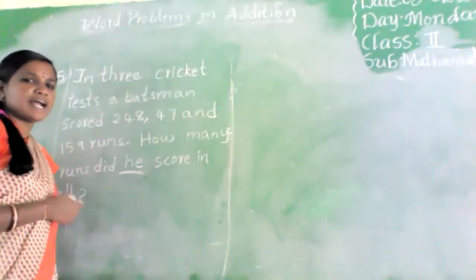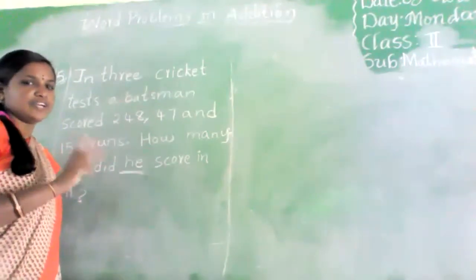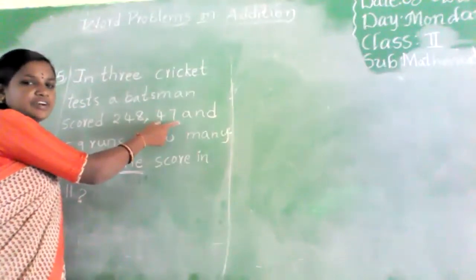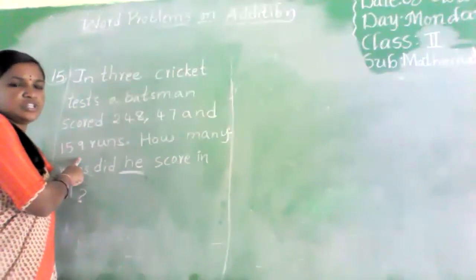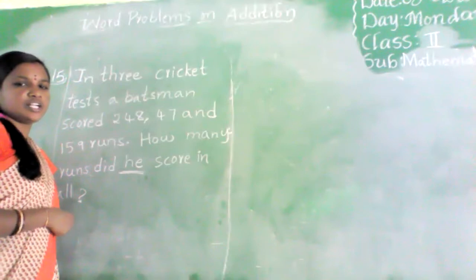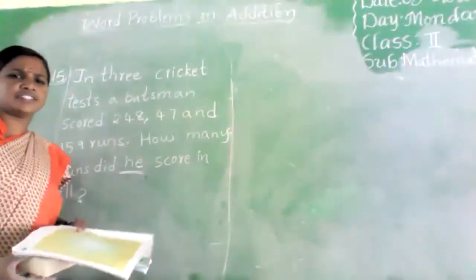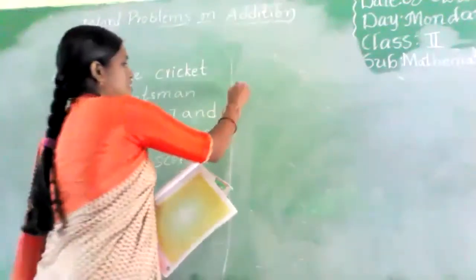That batsman scored in 3 tests: 248 runs, 47 runs, and 159 runs. So total, how many runs did he score in all? That's why we have to add these 3 scores.